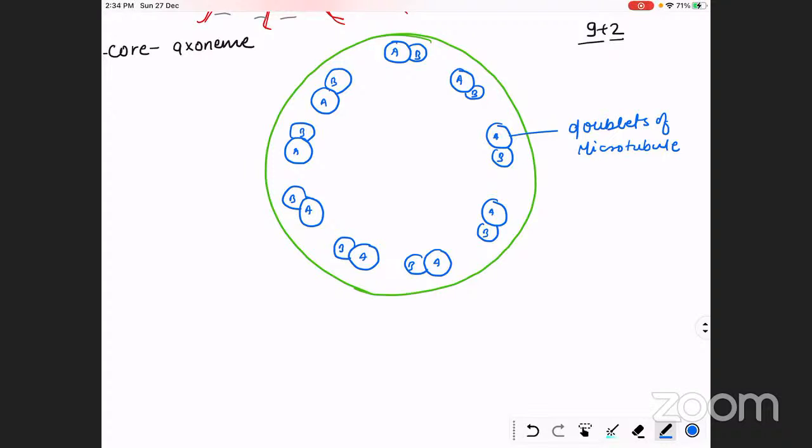We have two central microtubules like this, one and two.